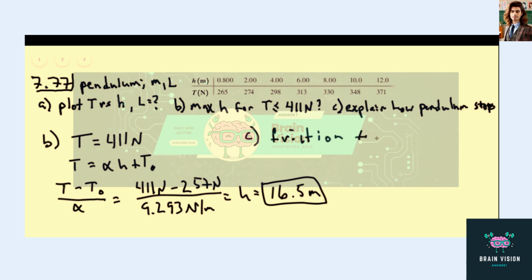Friction from air and from the contact point where it pivots do negative work.